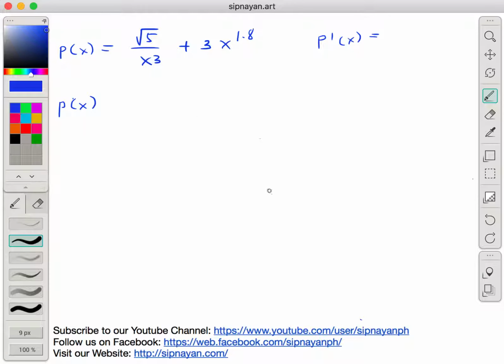Alam natin that pag nasa denominator siya, pag nilipat natin sa numerator, mangyayari sa kanya maging negative yung exponent niya. Using natin x cubed. So, mangyayari sa kanya is this is equal to square root of 5 times x to the negative 3 plus 3x to the 1.8.